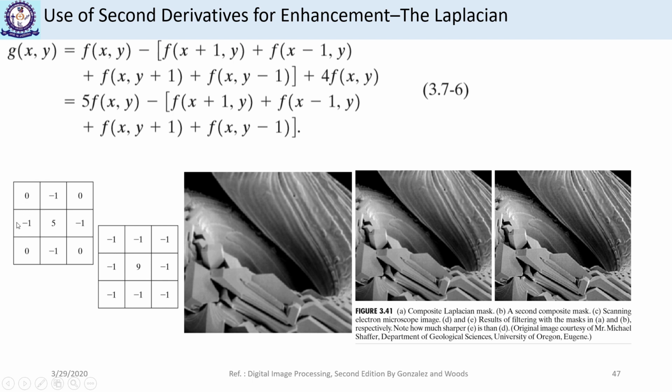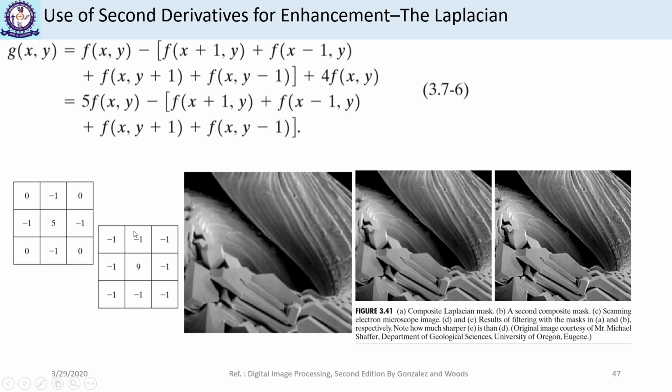Similarly we have the other orthogonal coefficients, which are -1, -1, -1. So when it is 5 and the remaining are -1, it is the filter which will directly enhance the image. It is not the Laplacian filter, it is a filter which enhances the image, and it is called the composite mask, or composite Laplacian mask.